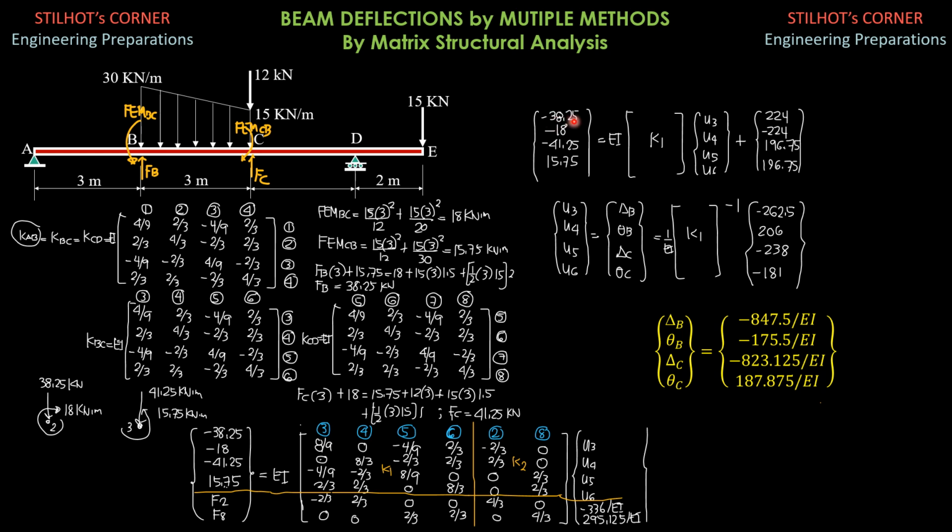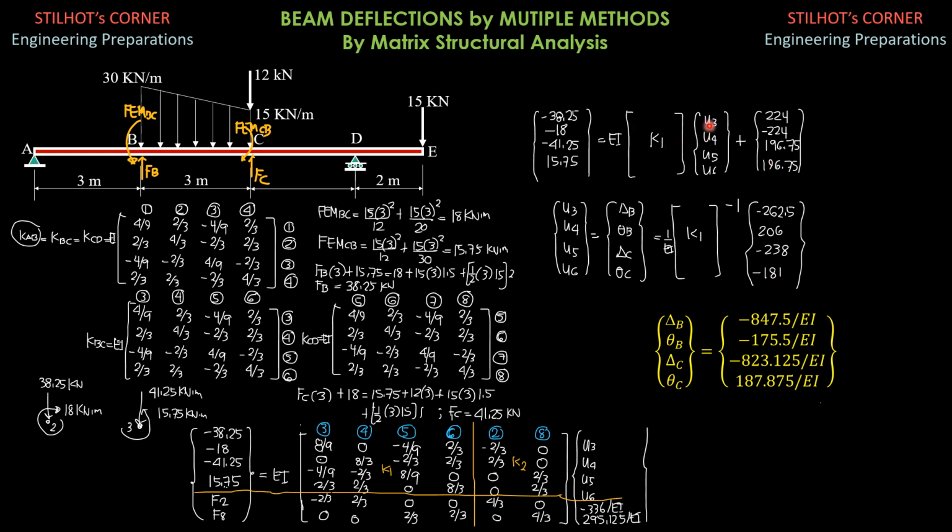So negative 38.25 minus 224 is negative 262.25. Then negative 18 minus negative 224 is 206. Negative 41.25 minus 196.75 is negative 238. 15.75 minus 196.75 is negative 181.